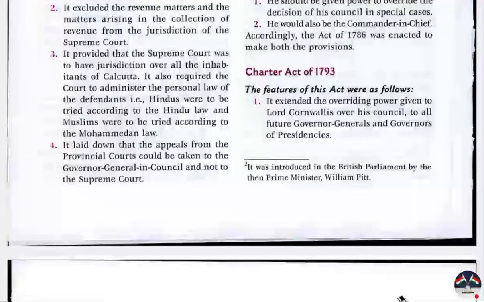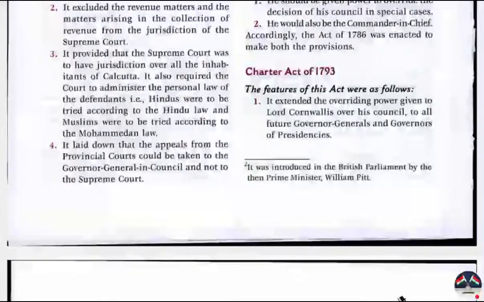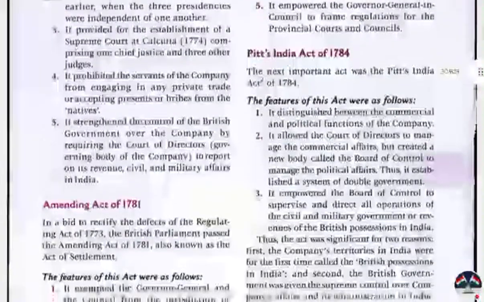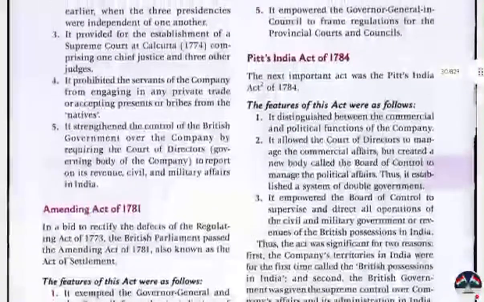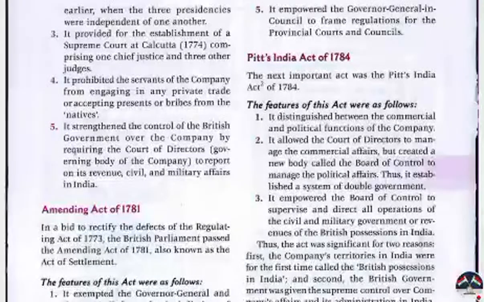And fourth, it laid down that appeals from the provincial courts could be taken to the Governor General and Council and not to the Supreme Court. And it empowered the Governor General in Council to frame regulations for the provincial courts and councils.